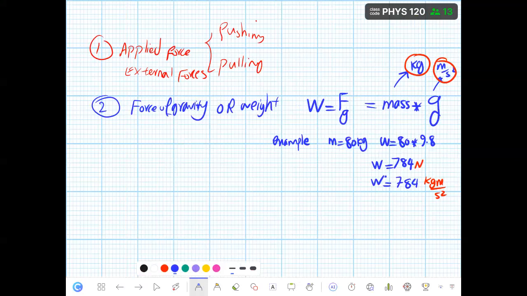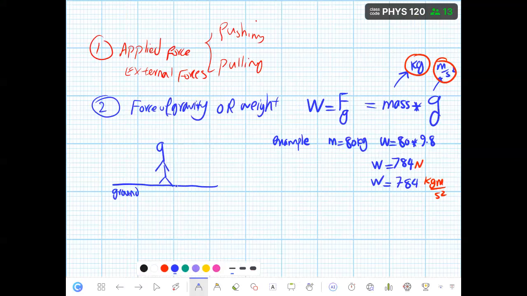Okay, if I want to show the force of gravity, how can I show it? Example. The ground, and the person is standing on the ground. Good? And we know that the ground is exerting force on the person.